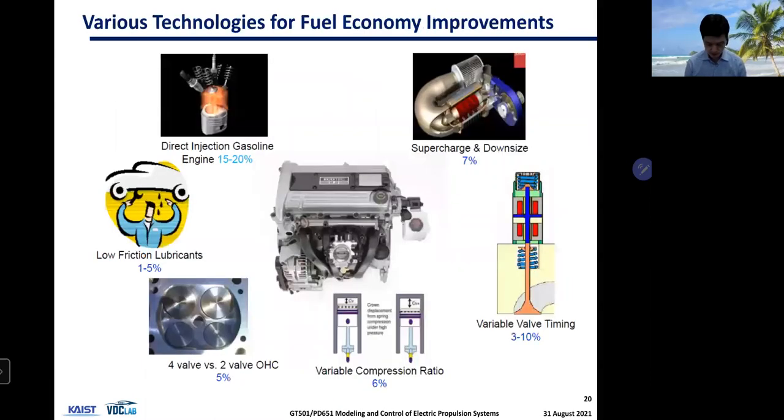So here, the point was people were putting a lot of various efforts into developing various technologies for fuel economy improvements, and these are just a few of those.